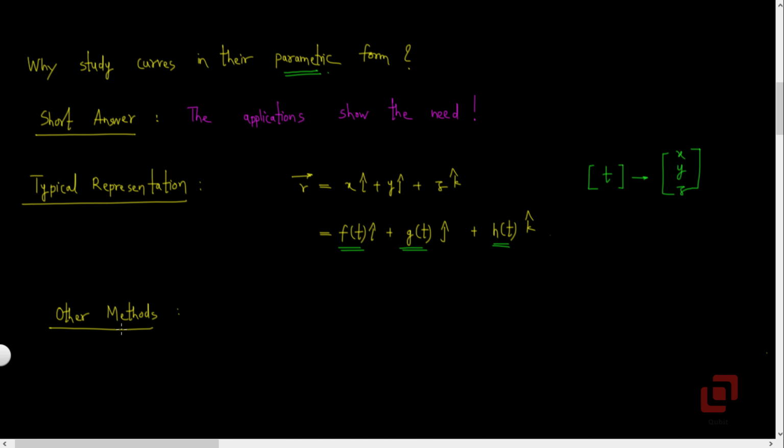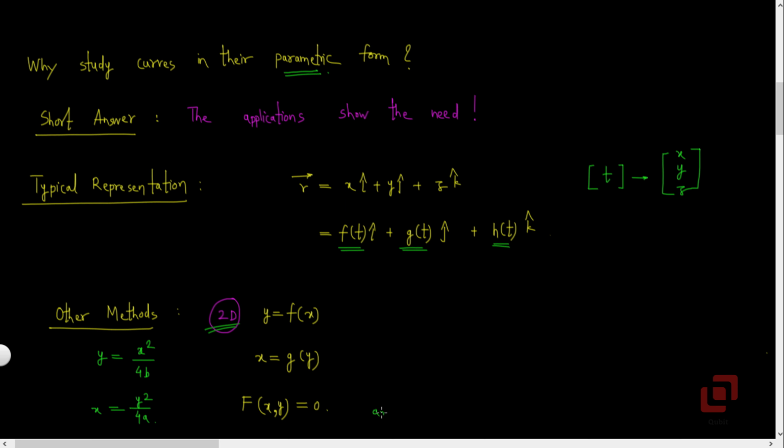We will now see the methods to represent a curve which are already known to us. If we consider any two-dimensional curve, we can either represent it as y equal to a function of x, such as y equal to x squared upon 4b, which represents a parabola, or x equal to g of y, such as x equal to y squared upon 4a, or we may use the implicit definition f of x comma y equal to 0.